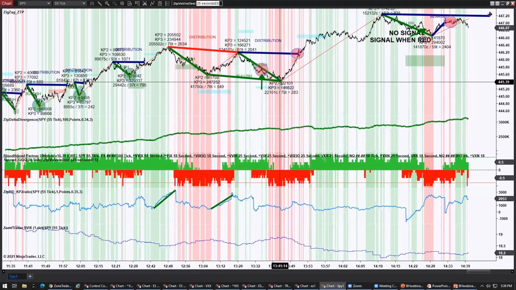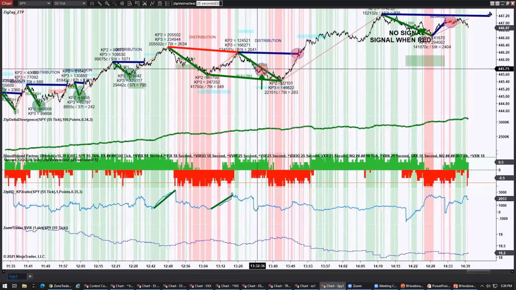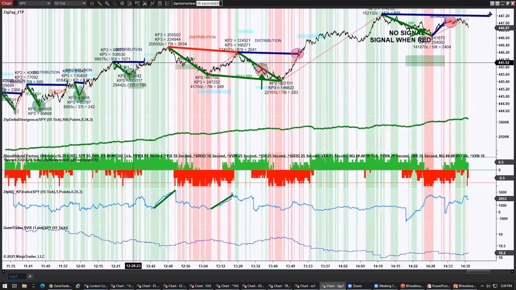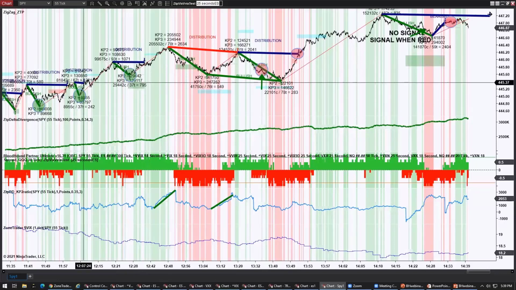The divergence continued until we eventually made our low right here. And that's why you see this in green. Where you see something in blue, that is the location that it went non-divergent.